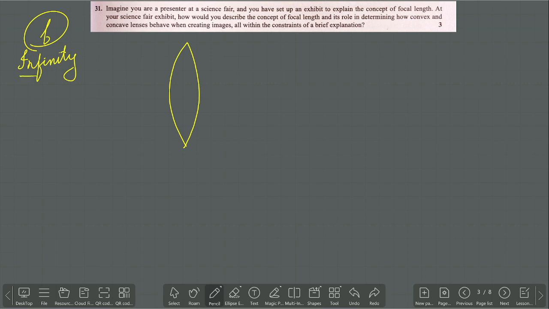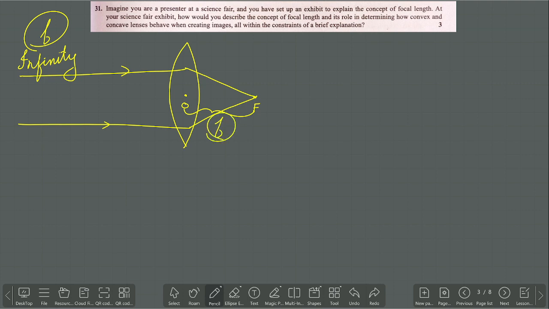When the light rays are coming from infinity, after getting refracted, they will converge and fall at one specific point, and that point is called the focus, and the distance between the optical center and focus is called the focal length. So this is what you are going to write about the first statement.